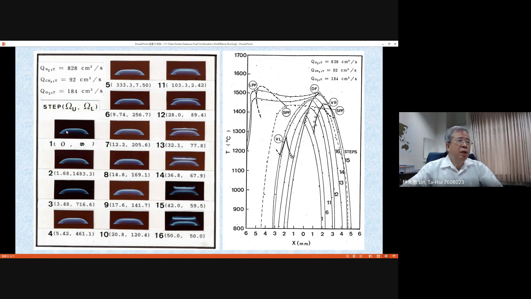Originally it's a diffusion flame, fuel coming from the lower burner, oxygen coming from the upper burner. The fuel side is basically controlled by the lower burner. When you increase the oxygen in the lower burner, the nature of the diffusion flame on the lower burner side changes, and it starts to have so-called rich premixed flame structures.